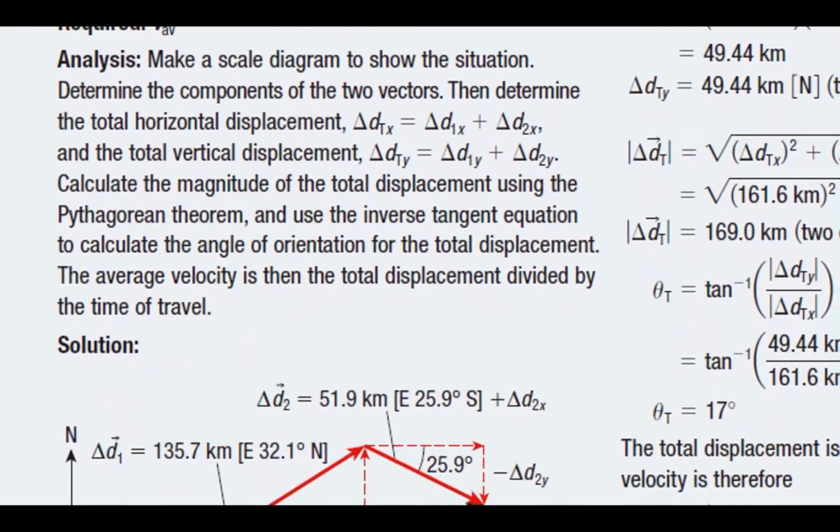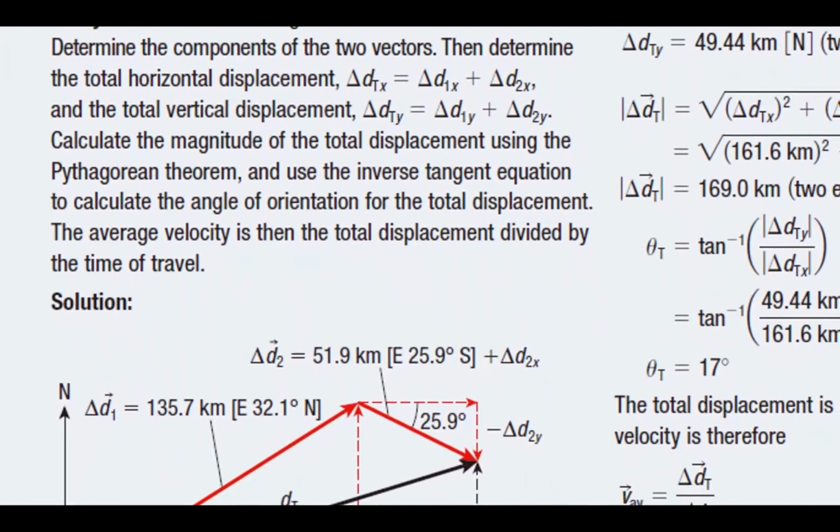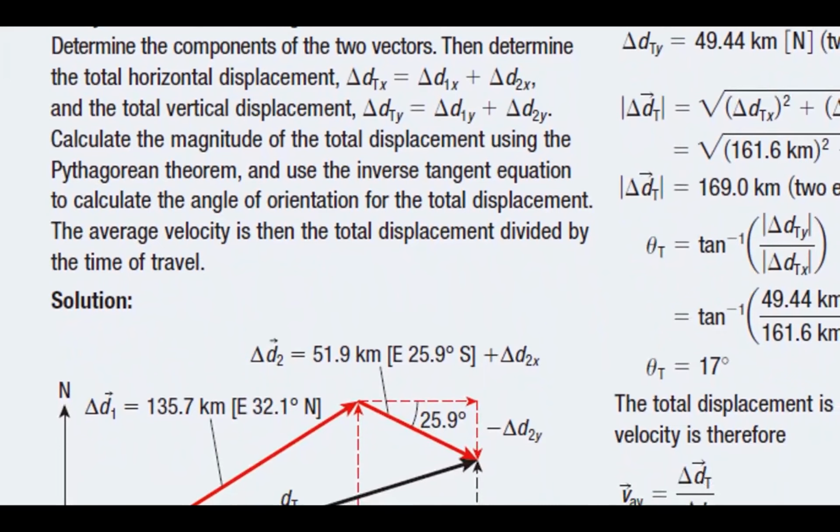So we can make a scale diagram to show the situation. Determine the components of the two vectors, then determine the total horizontal displacement, delta dtx, which is delta d1x plus delta d2x.